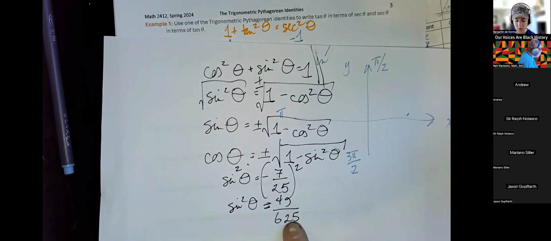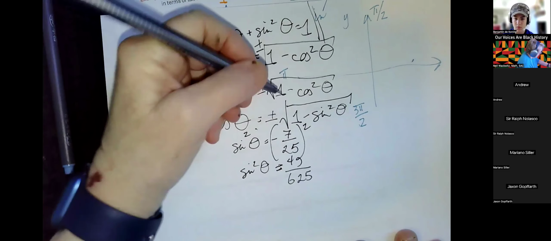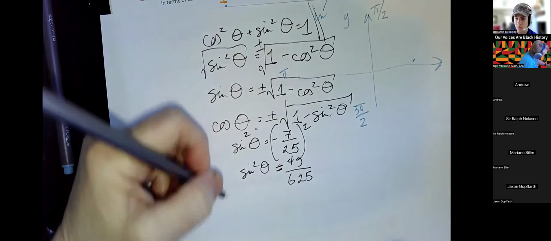So I need to put this number under the square root. Ooh, that's kind of scary. Let's figure out this number and then take its square root. So now I want to find 1 minus sine squared theta, which is 1 minus 49/625.